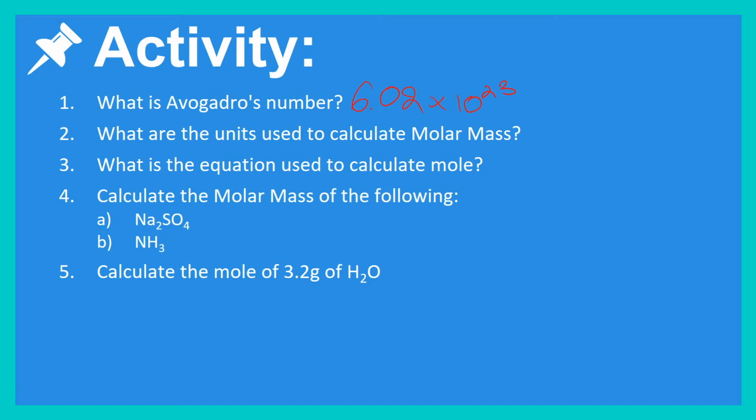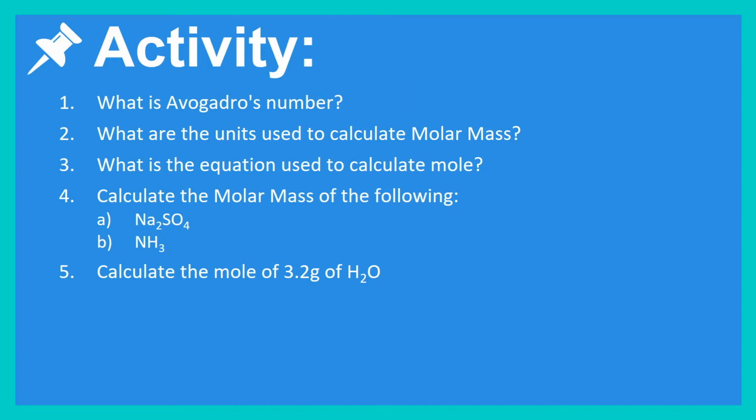The units that we give molar mass in is grams per mole, or you could write that as g mol^-1. So that's the units. The equation that's used to calculate moles is n is equal to little m over Mr. So hopefully you've gotten those first 3 right. I'm going to clear the screen and I'm going to start doing the calculations for the next 3.